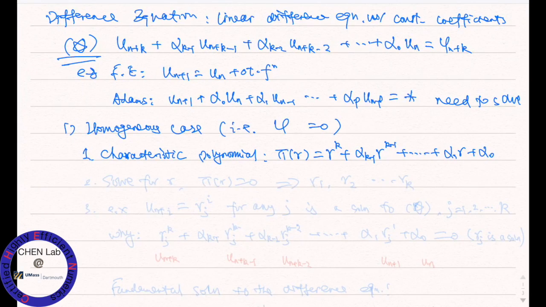And then we solve for the zeros, the roots of that polynomial. We get r_1, r_2, up to r_k.